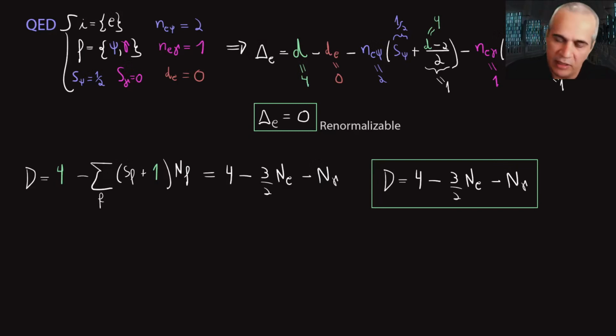And also, unexpected, since the theory is renormalizable, you can see that eventually if I go to more and more complicated diagrams with more and more external legs, eventually D becomes negative. And then all of those diagrams are convergent.